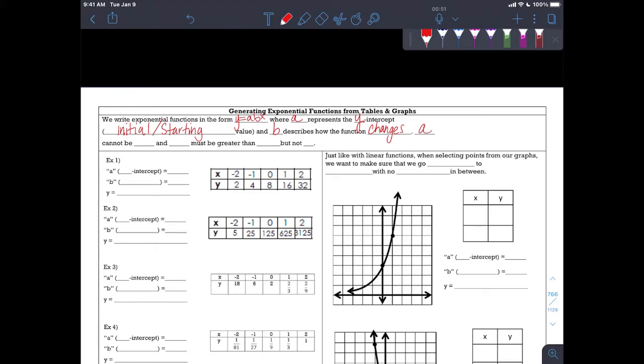A cannot be 0, so we can't start with a 0. And b must be greater than 0, but not negative.